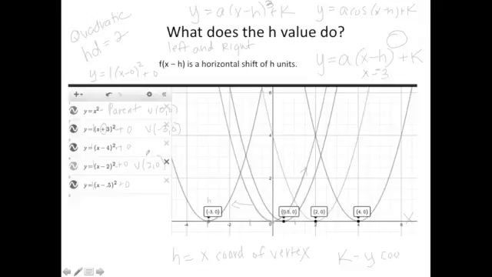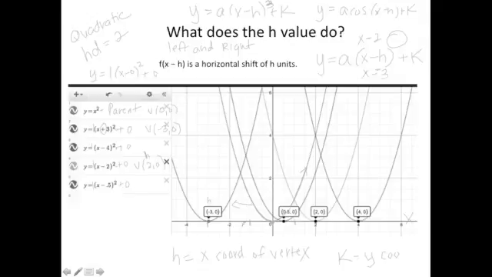And so my h value in this example is 2. And so therefore, when plugging it in, it would have been x minus, because that is part of the formula, x minus, and then the h value would be 2.